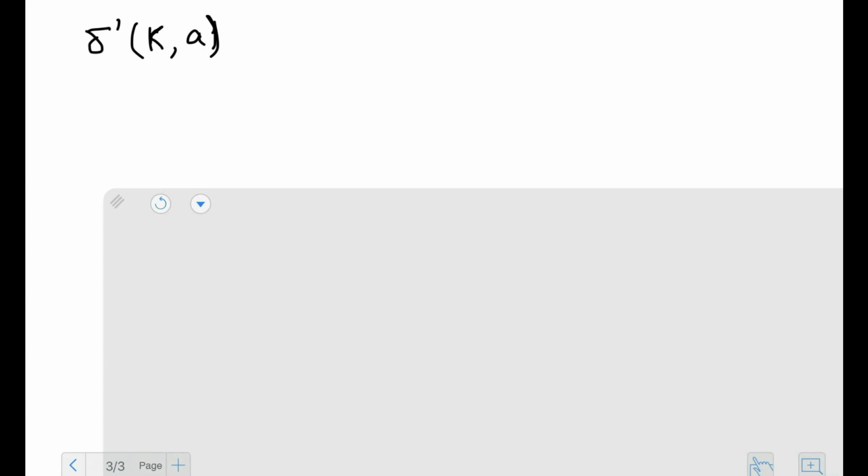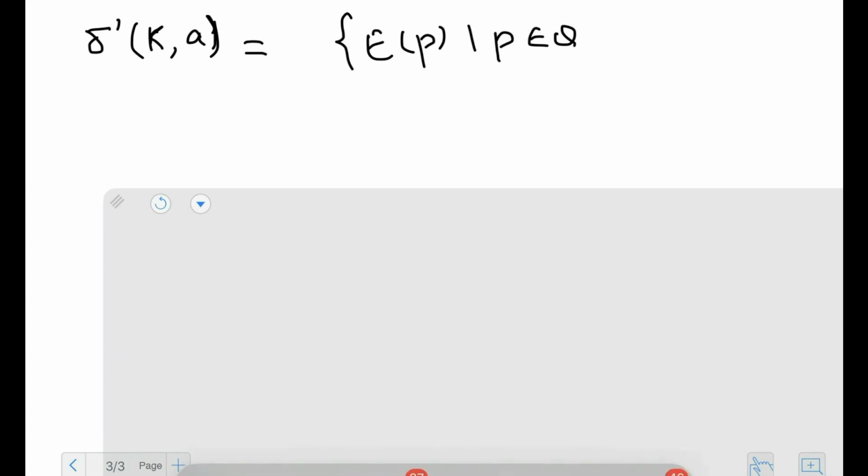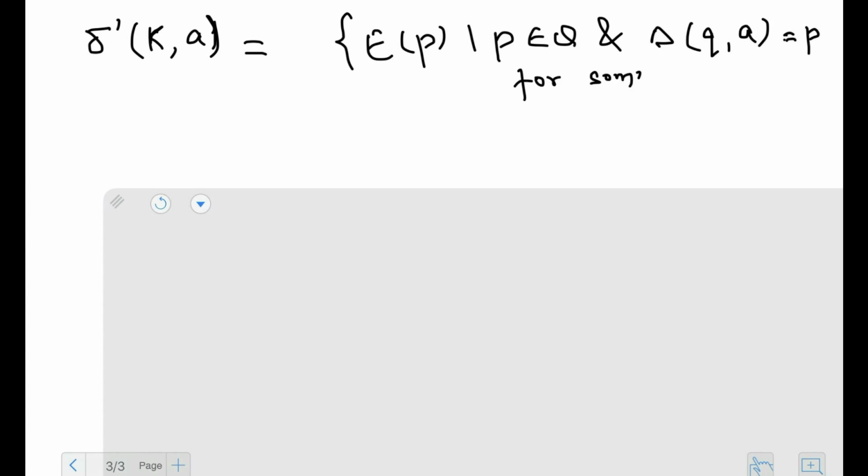So this is given by the set of epsilon of p, such that p is a state from Q and delta of q comma a is equal to p for some q belonging to k.